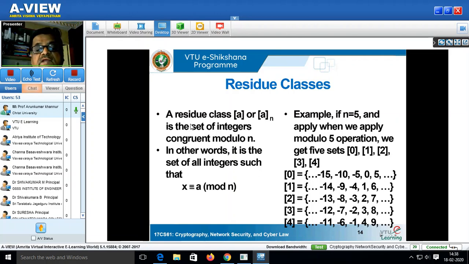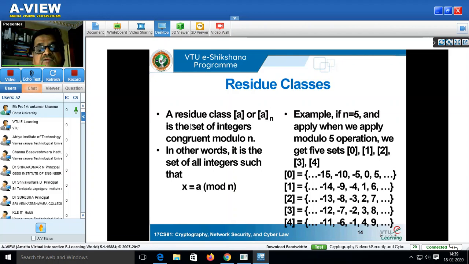Minus 9 mod 5, minus 4 mod 5, 1 mod 5, 6 mod 5. Here, mod n refers to the congruence operation. More specifically, minus 14 is congruent to 1 mod 5, minus 9, minus 4, 1, and 6 are all congruent to 1 mod 5. All these values give rise to residue 1.